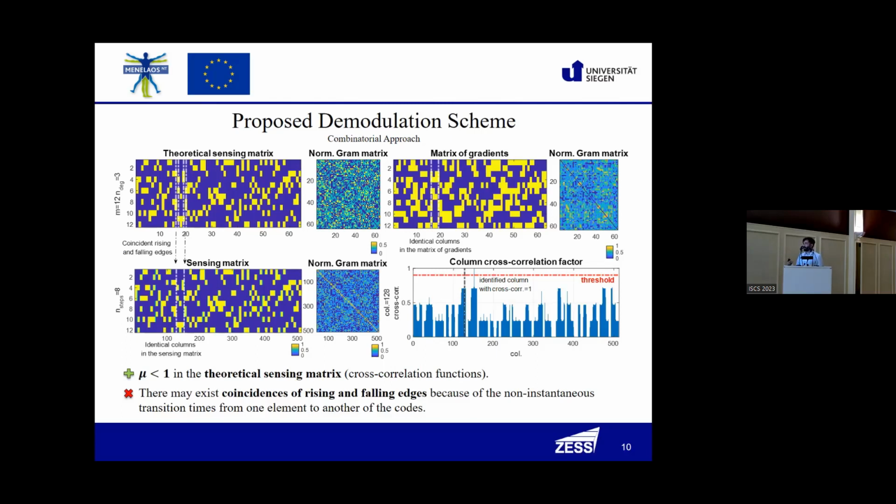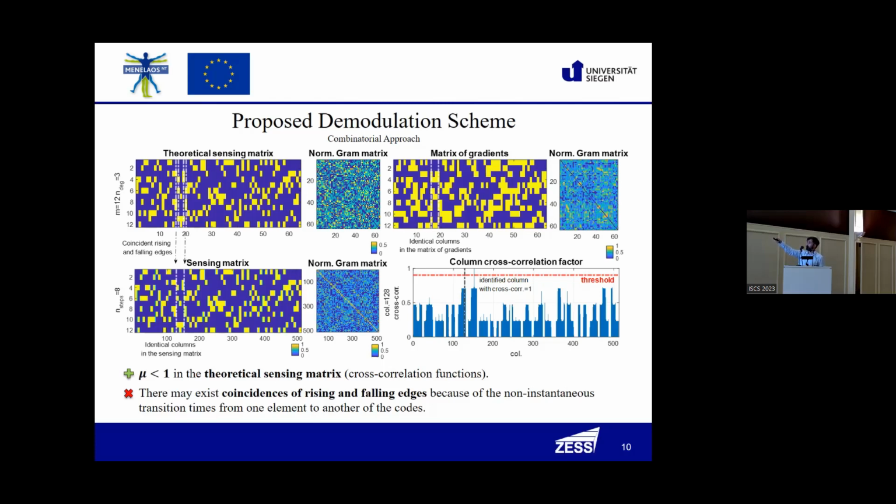What happens is that in some cases, for the theoretical sensing matrix the cross correlation function is good, but when we consider the transition times, when we consider the real operation of the sensing matrices, we have coherence equal to 1. And this happens because there are coincidences of rising and falling edges. But we have a solution for that. We introduce an evaluation step, an additional variable that is the matrix of gradients.